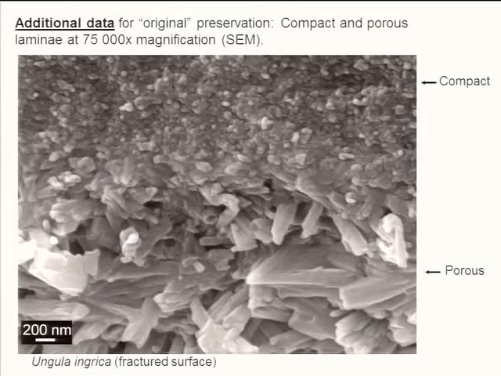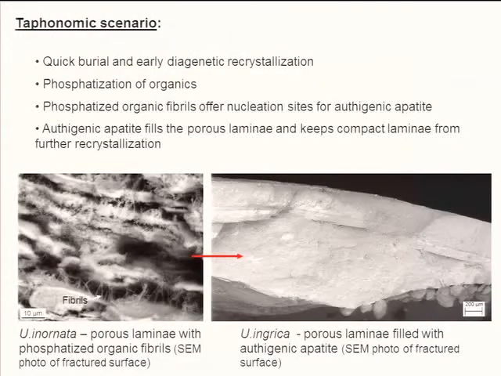This is how compact and porous lamina look under scanning electron microscope at high magnifications. One of the criteria for the good preservation of fossil skeletons is that the apatite crystal size must be small. In this photo, the apatite crystal size in compact lamina is comparable to the apatite crystal size in recent lingulate brachiopods.